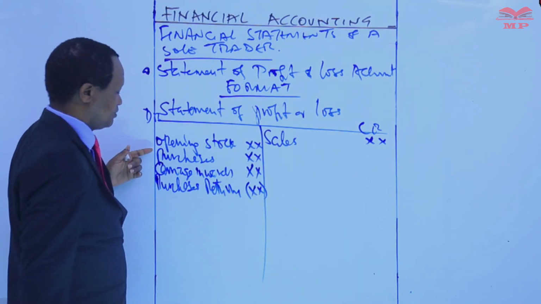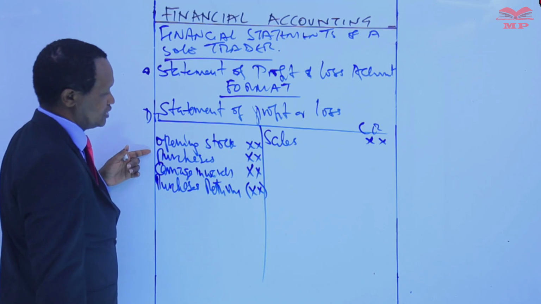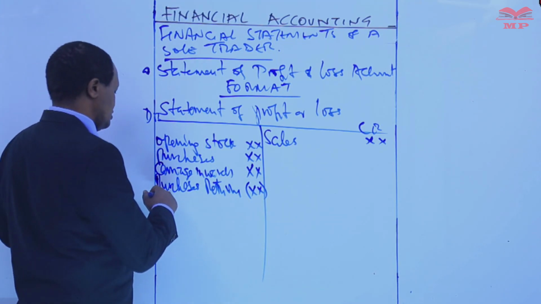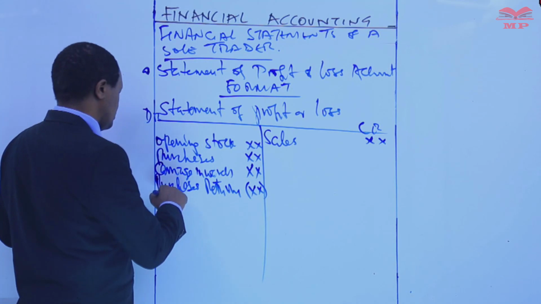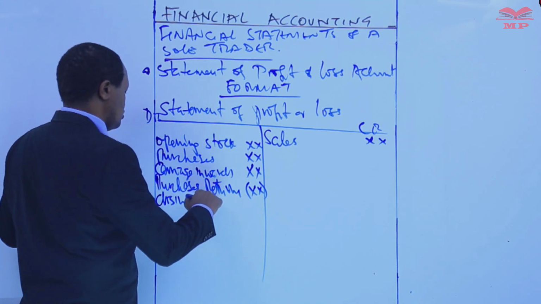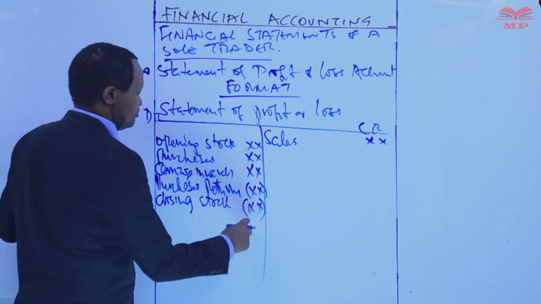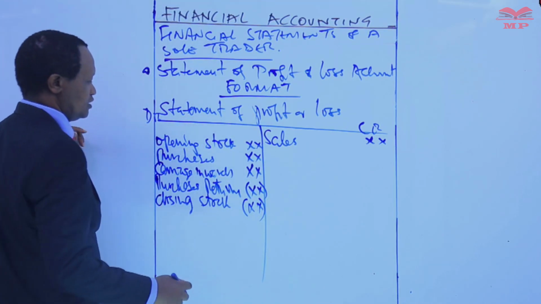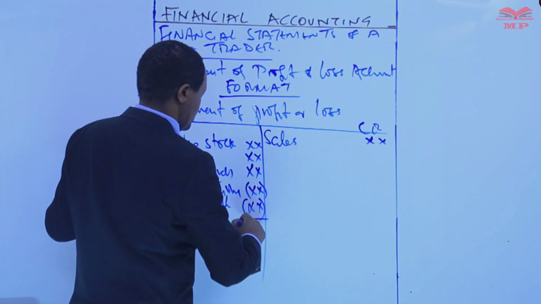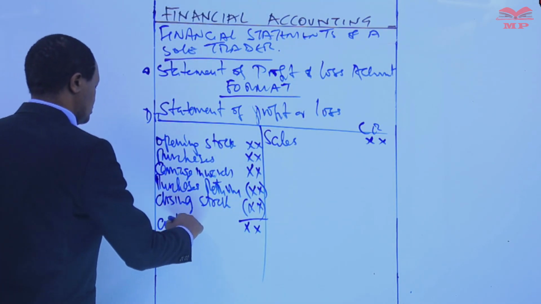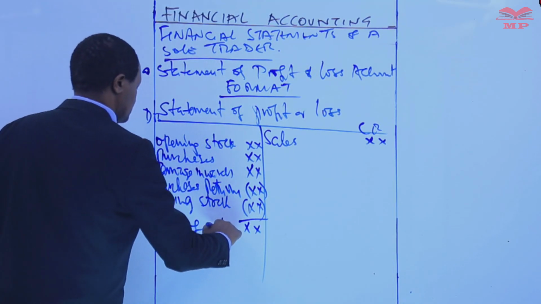When that happens, we deduct that from the purchases. Then we deduct the closing stock or closing inventory from the total here. So what you get down here is what we refer to as the cost of sales.